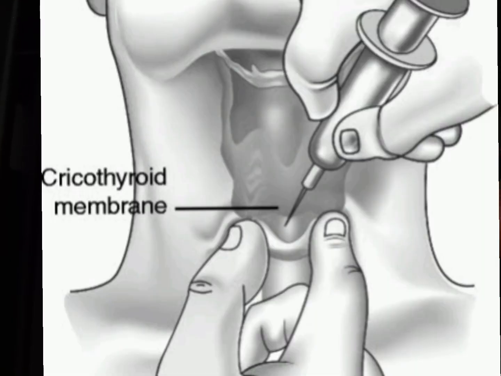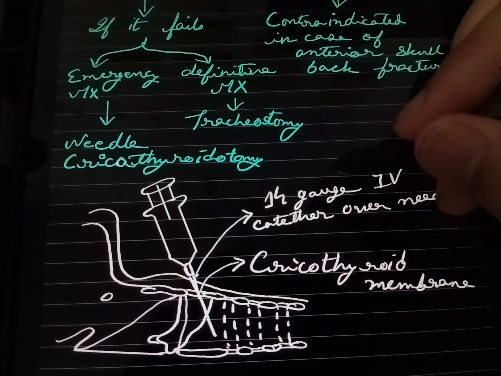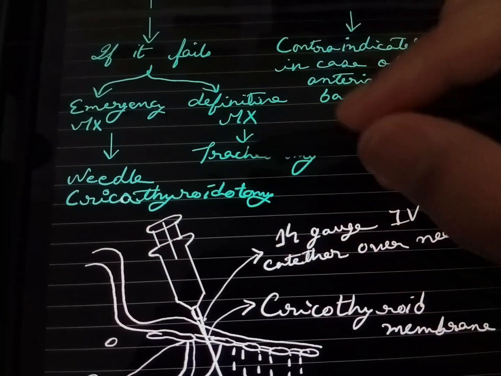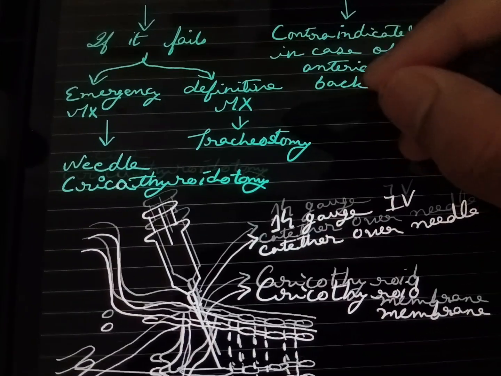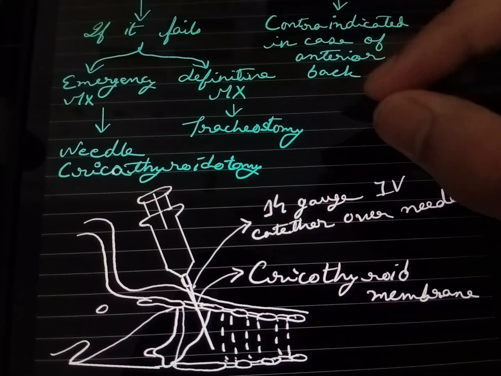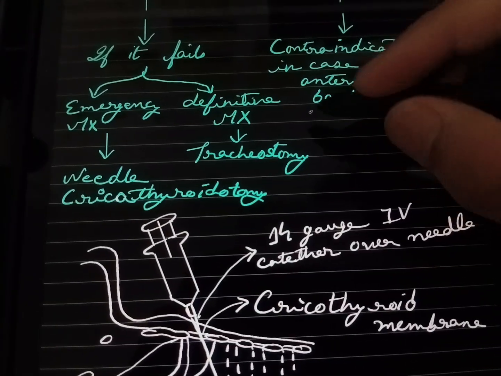At the end of the catheter, a high flow oxygen source is connected to provide oxygen. That is emergency management, and definitive management is tracheostomy, where tracheal rings are cut by scalpel blade and then a tube is inserted to provide oxygen.